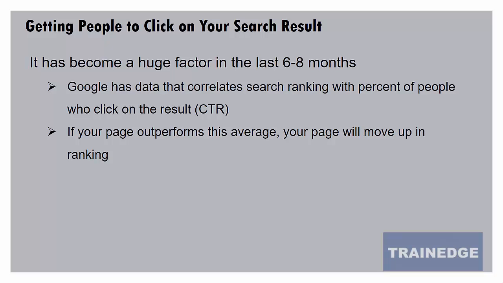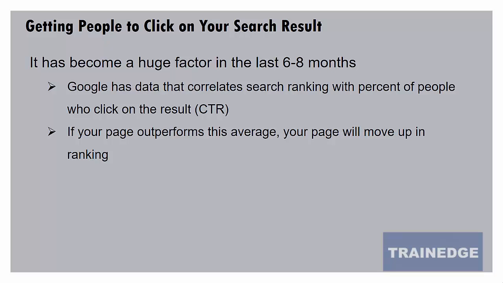Suppose your page is ranking number 7, and Google thinks that about 3% of people should click on your page. So, out of every 100 people that search with the keyword, 3 should click on your page in the search result. As it turns out, because of the well written meta description, not 3 but 5% of people are clicking on your search result.